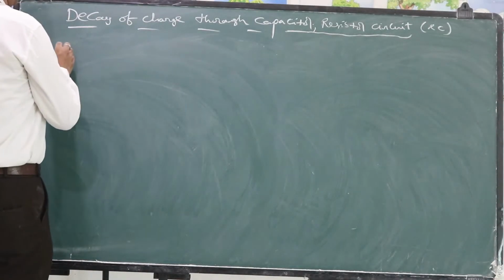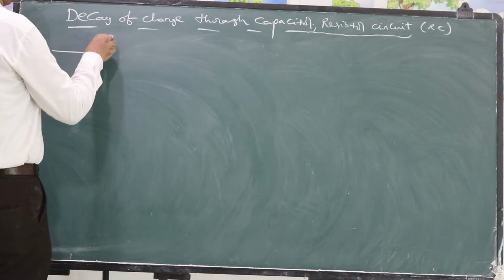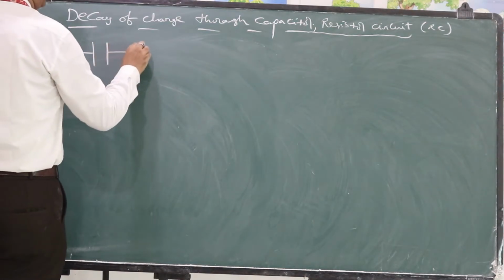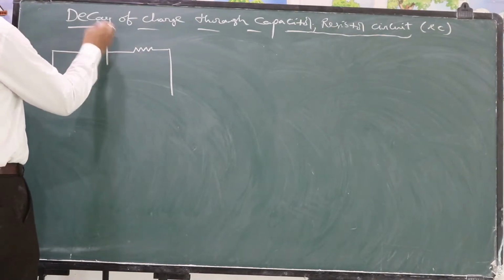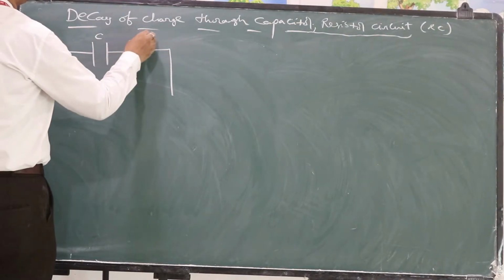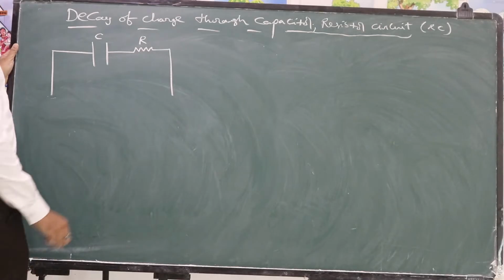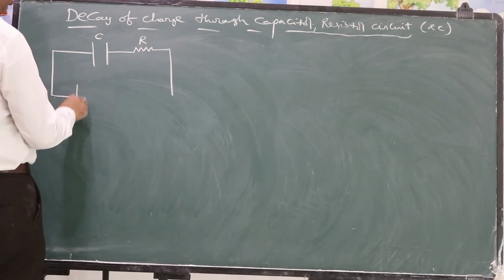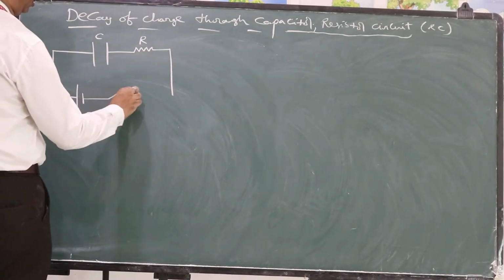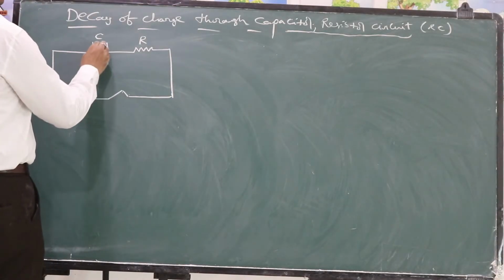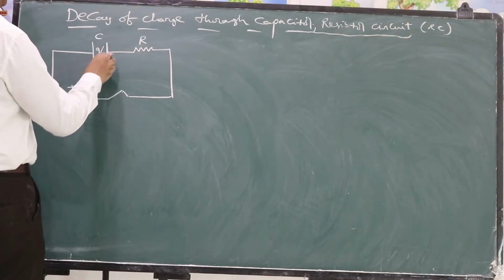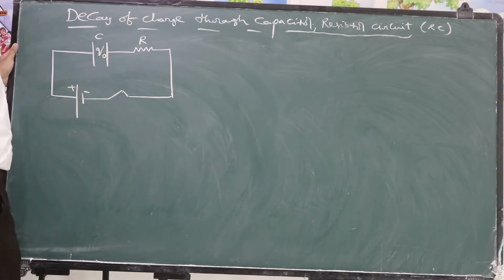So as shown in the last concept, we are taking a capacitor attached with some resistor. The capacitor has capacitance C, the resistor has resistance R. They are connected to a cell of EMF through a key. When we close the key, the maximum charge it can store, Q0, will be stored here after a long time.